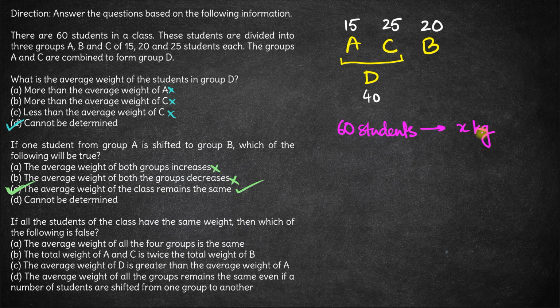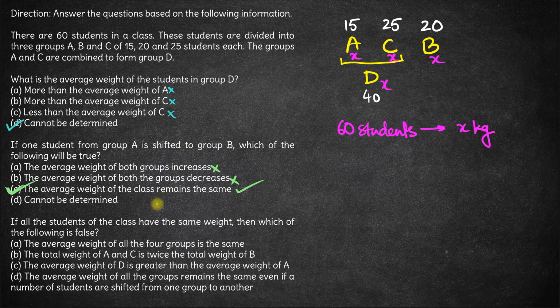Since the weight of all the students is the same, the average weight of group A will be x, group C will also be x, group B will also be x, and group D will also be x, because the weight of each of the students is the same. Hence the average will be the same as the weight of each of these students.